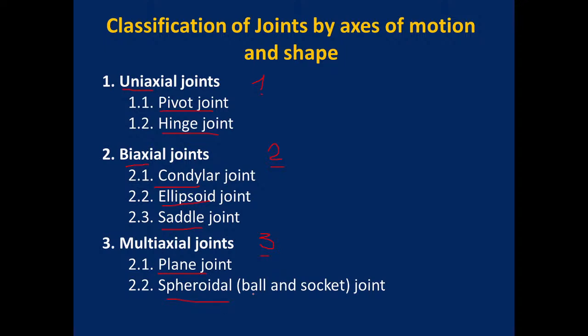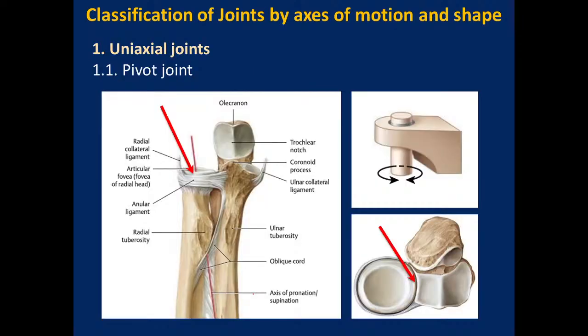Let's explain it by the illustrations. Here you see uniaxial joints. First one is pivot joints, and this is a cylinder between the articular surfaces, and it looks like a door mechanism.